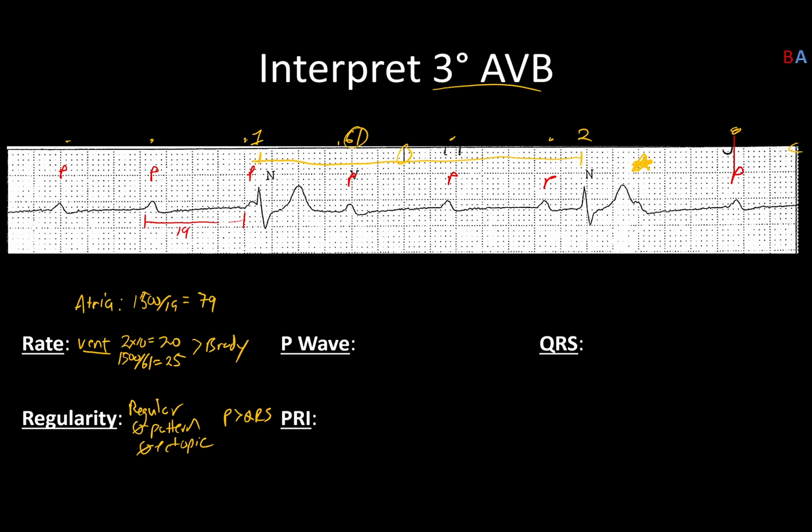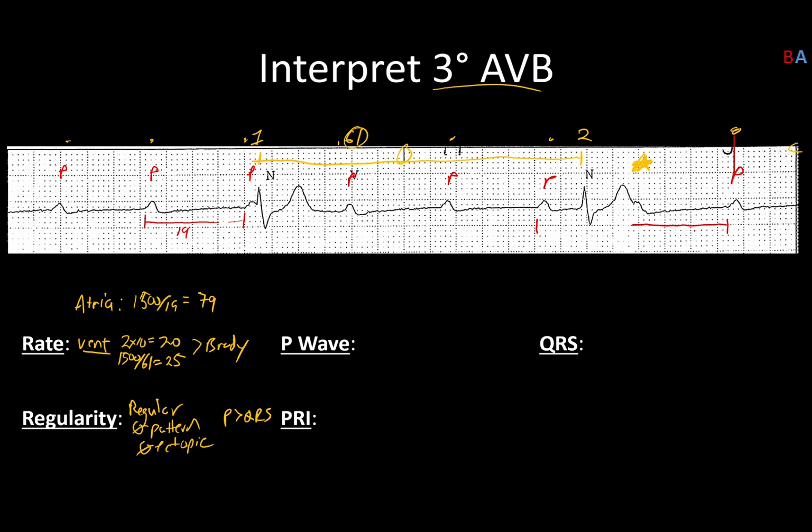So what I can do is I can either start at this one and measure forward, or I can start at this one and measure backward. And ultimately what I'm looking for is 19 spots, correct?